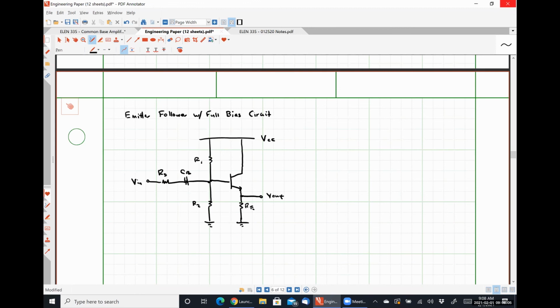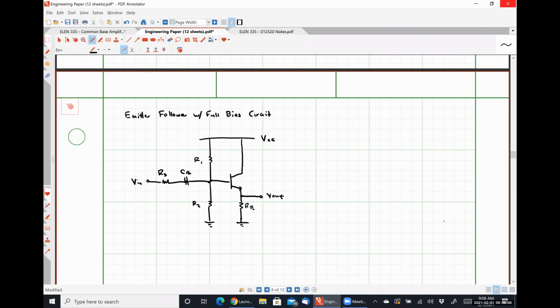All right, so this arguably looks complicated, but we can use a simplified small signal circuit to realize that it's really something pretty familiar. So for instance, at a small signal model level, how are the resistors R1 and R2 connected? So small signal model, VCC becomes ground, which means both R1 and R2 are placed between the base and the ground, right?